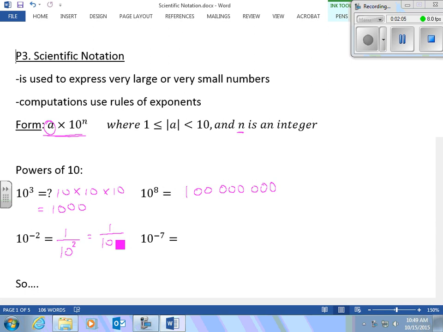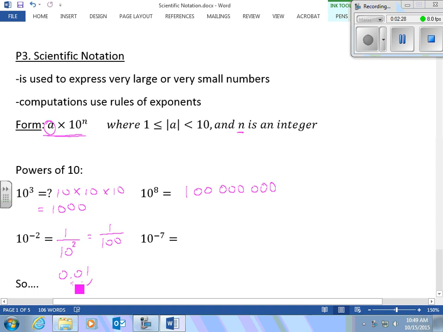And 1/100th is 0.01. So we've got a number less than 1, and we can look at the number of spaces that we've moved the decimal place. So a -2 means the decimal place has moved left 2 spaces.